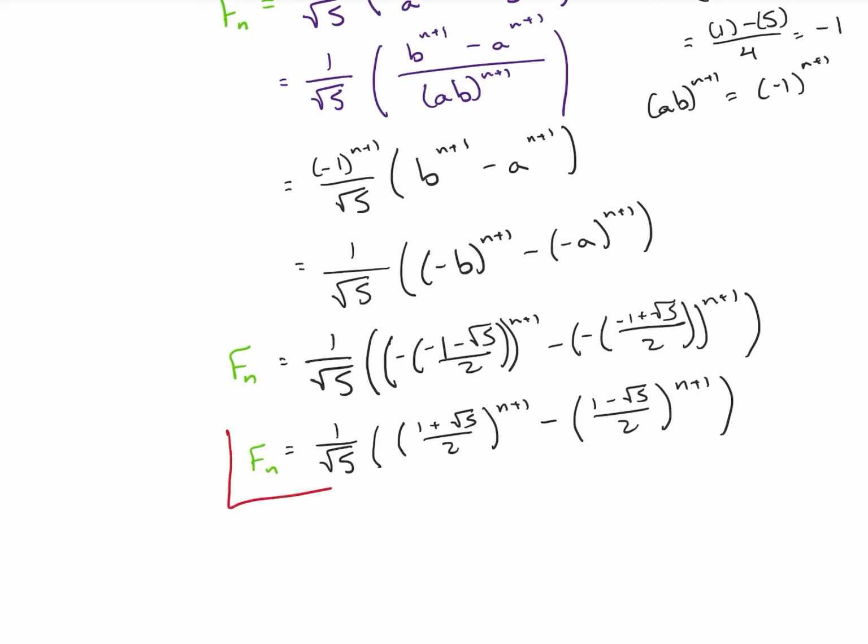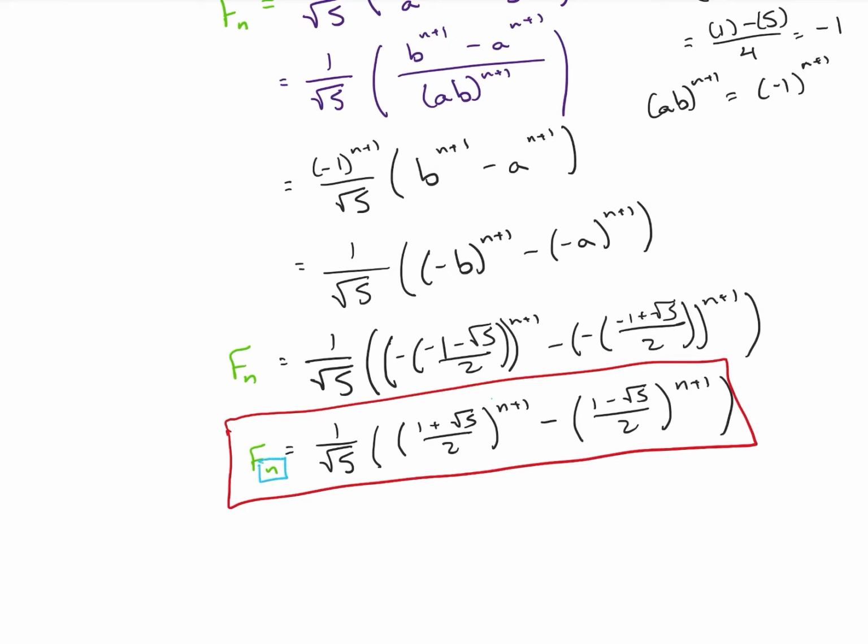And that is going to be my final solution. So if I've worked everything out correctly, if I want to find, say, the 120th term of the Fibonacci sequence, I would just plug 120 in for my n. So remember, we just plug something in for n, and that's going to give us our nth term.